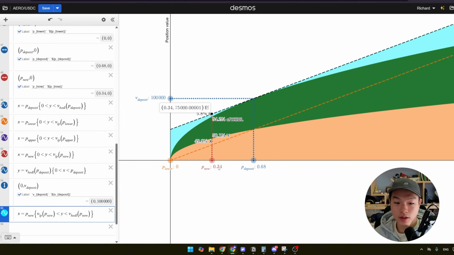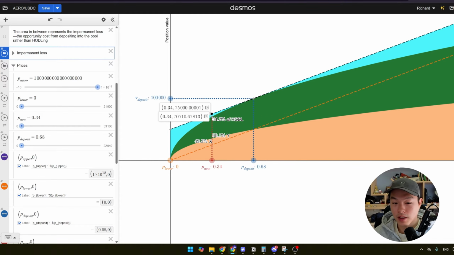But this is what we call impermanent loss here, 5.8% of impermanent loss. That's the difference between whatever you hold, if price goes down or up, compared to if you were providing liquidity. Because inside the liquidity pool, your assets are being converted, right? That's how they allow traders or investors to swap tokens. You need to allow for that exchange to happen.